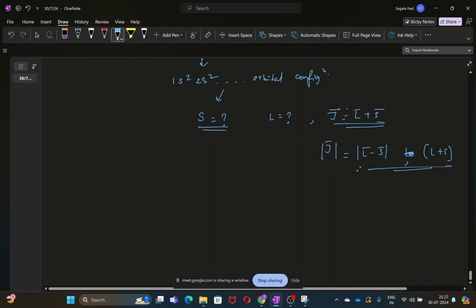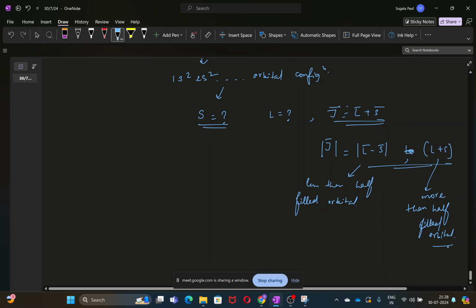Based on this, if the orbital is less than half filled, then the J value you choose is the modulus of L minus S. But if the orbital is more than half filled of its capacity, then it will be chosen as L plus S. So for a less than half filled orbital, J is the modulus of L minus S, and for a more than half filled orbital, it will be L plus S as the J value.